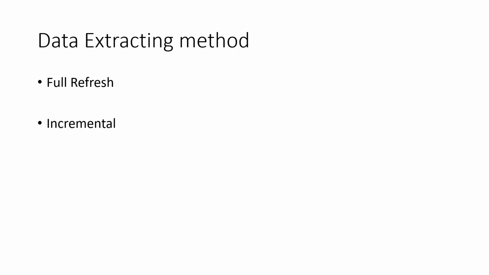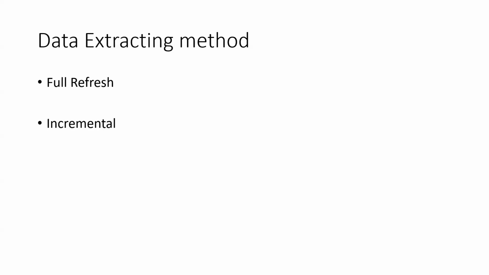Suppose I have an estimate that on a daily basis I get an average of 400 records from the source systems. It may be a scenario where whatever data I receive daily at the source system gets appended there, so the source system also maintains the historical information.